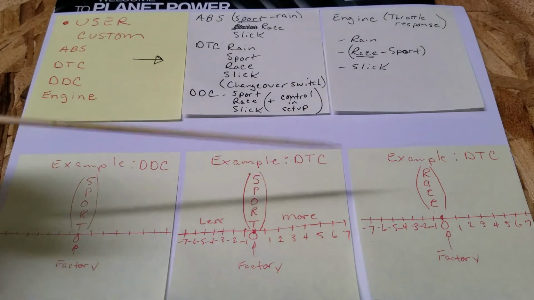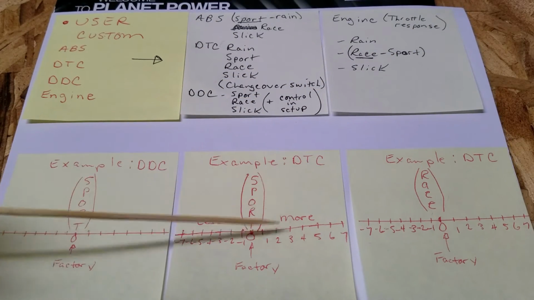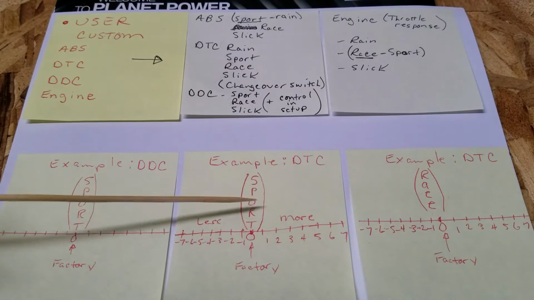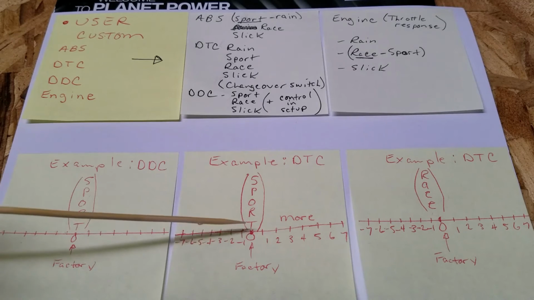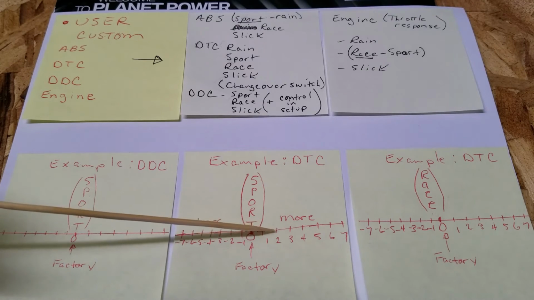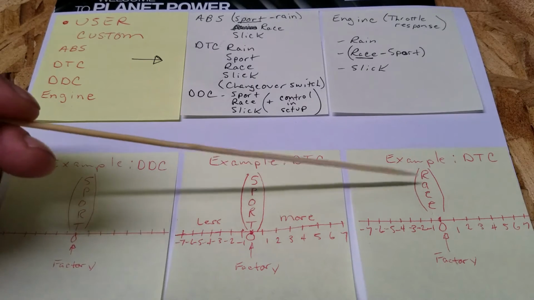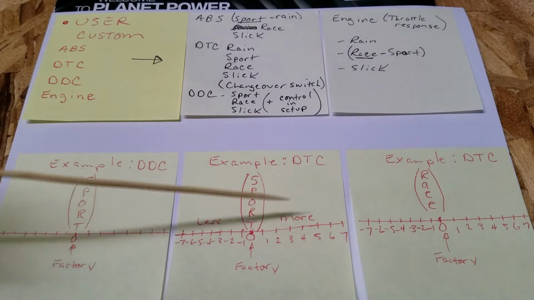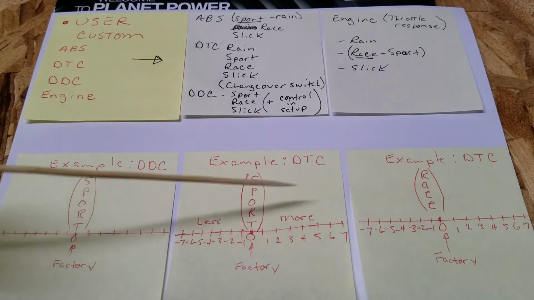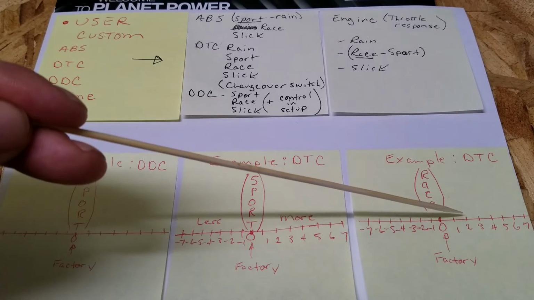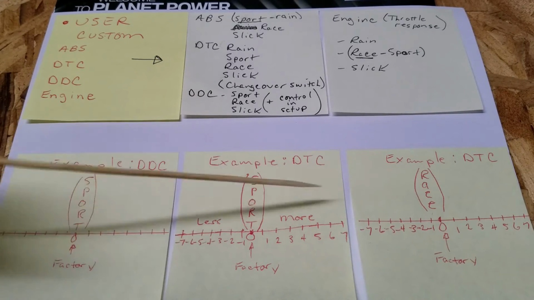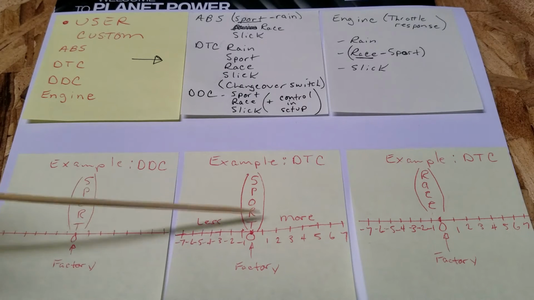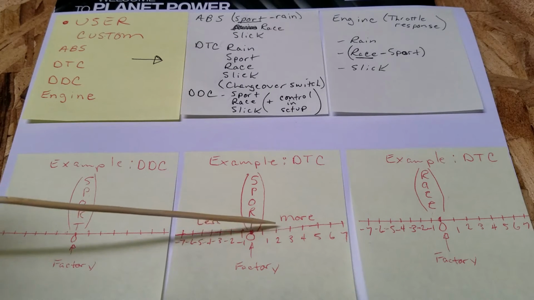Now, my assumption would be, looking at these two number lines here, for example, if you were in sport and compared a sport setting of 2, let's say, to a race setting of 2, I would imagine that there would be some difference in the way the behavior is going to be for the exact same setting, let's say +2 in race and a sport setting of 2.